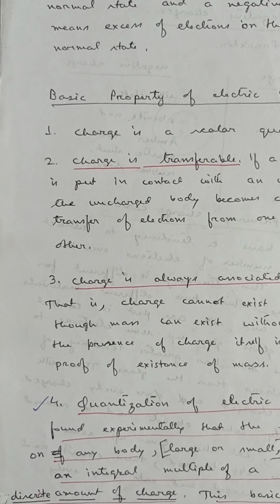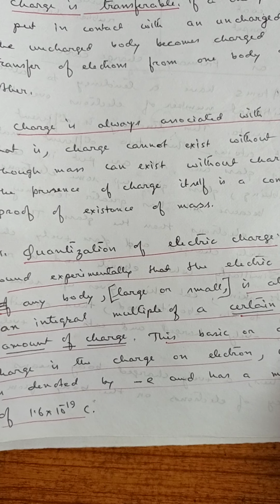So therefore, charge is always associated with mass. When a body gets positively charged, it loses certain mass, and when it gets negatively charged, it gains certain mass. But every neutral body does not have any net charge. That means mass can exist without charge, but charge cannot exist without mass.